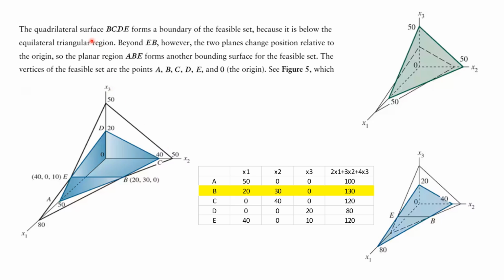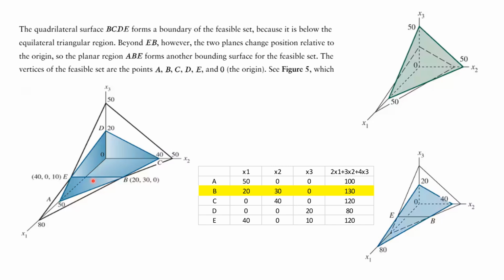Now, the quadrilateral surface BCDE, which is this top part, forms a boundary of the feasible set on the top. And the non-negativity tells you that you're in the first octant, because all three of those variables are non-negative.